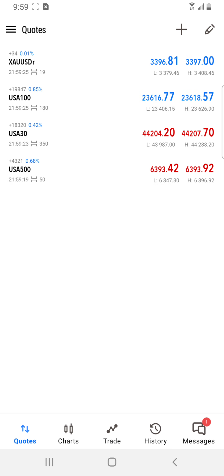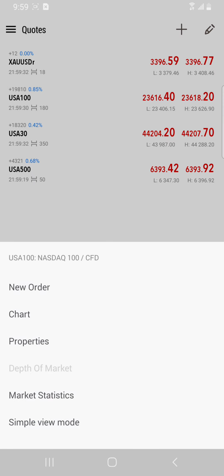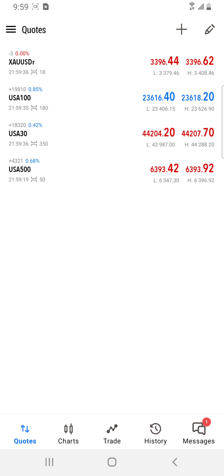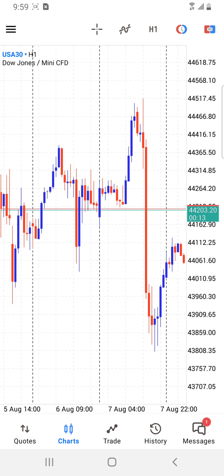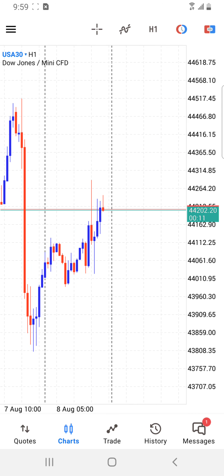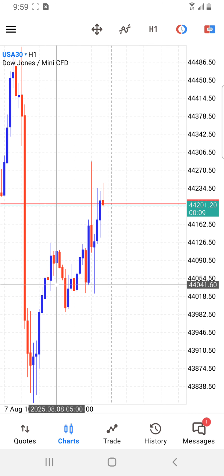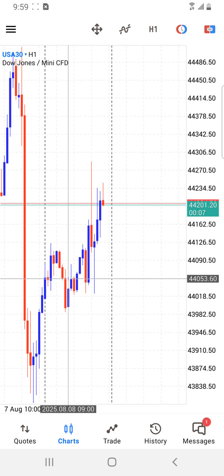So something that is funny is these indices, they normally have the same move. So what happens on NASDAQ happens on US30, and also happens on US500. So if you go to those others, you will see the same thing happening. They all had a rally from this point, 9 a.m., the same time.